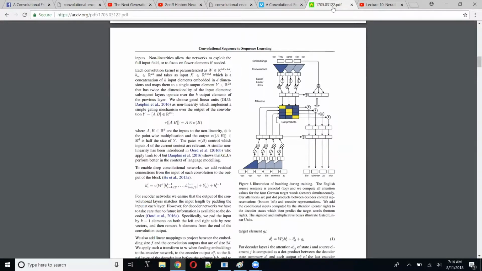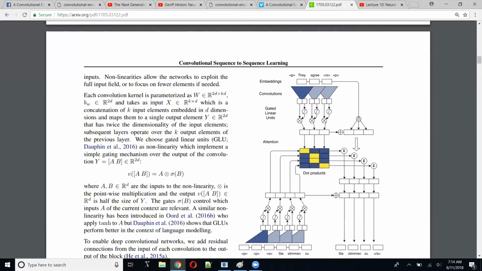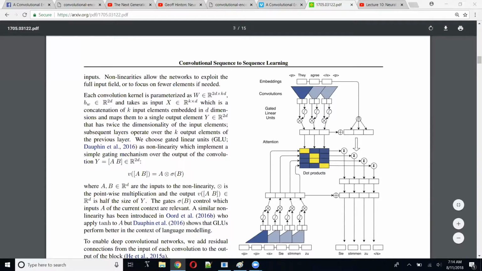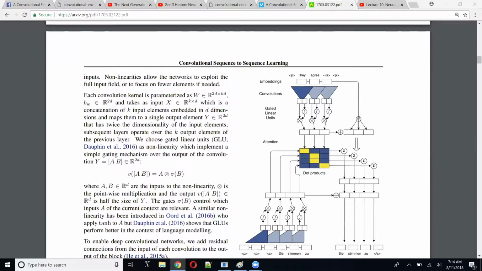Here is a network architecture for that. This would be the top part of the picture. You have the sentence, they agree. You put it through word embeddings, and then through a convolution. The convolution is through time, and it's really a one-dimensional kernel, or one-dimensional filters, as we call them.